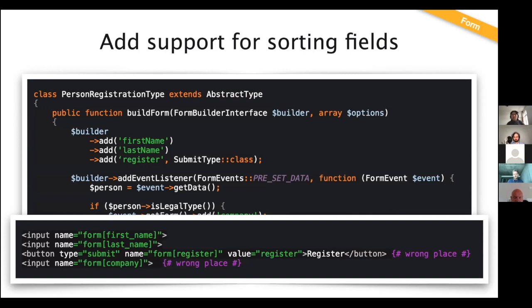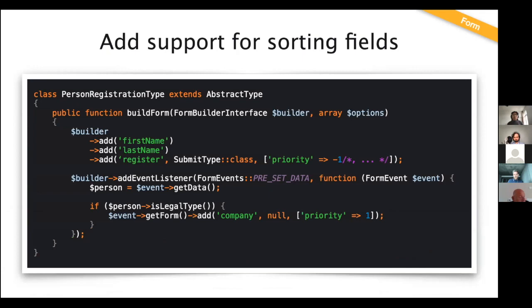So if you just want to render the form dynamically without placing the fields manually, this was not possible. But now you can add a priority to your form fields. If you add a specific form field via the builder, you can now add a priority option, which then leads to the correct order in your shown form.